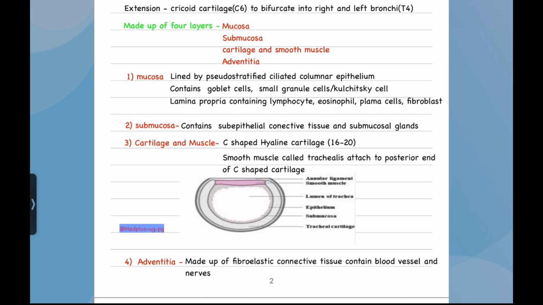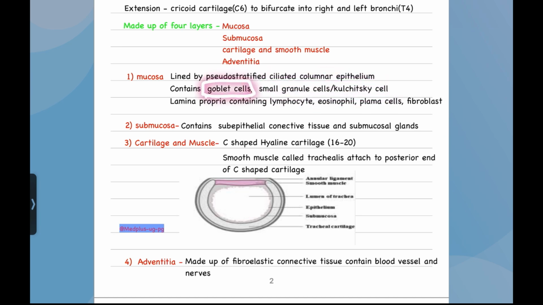Trachea is made up of four layers: mucosa, submucosa, cartilage and smooth muscle layer, and adventitia. The mucosa is lined by pseudostratified ciliated columnar epithelium containing goblet cells and small granule cells or Kulchitsky cells. Small granule cells, also called APUD cells, help in the secretion of certain chemicals such as serotonin.